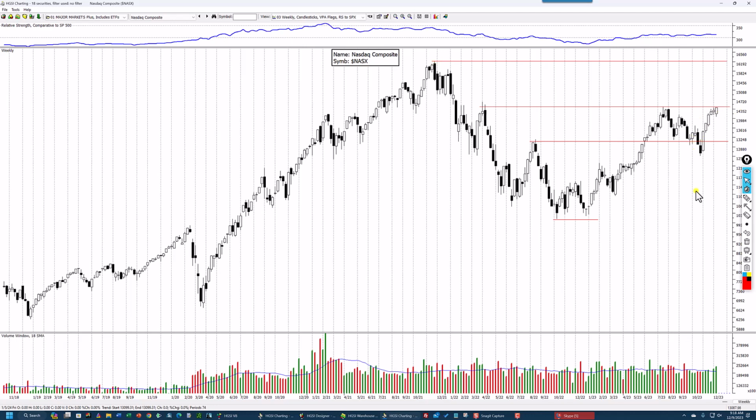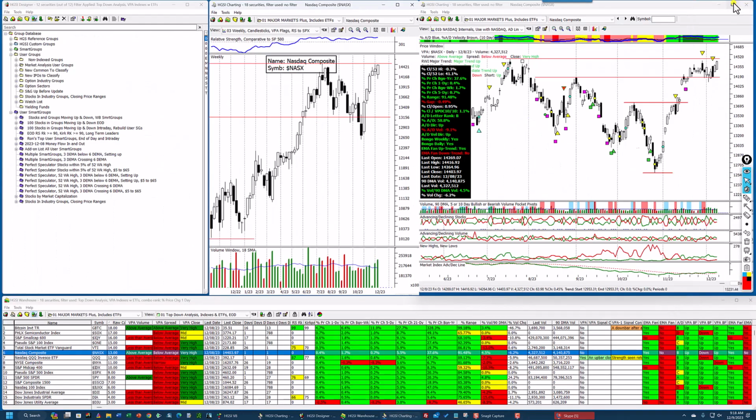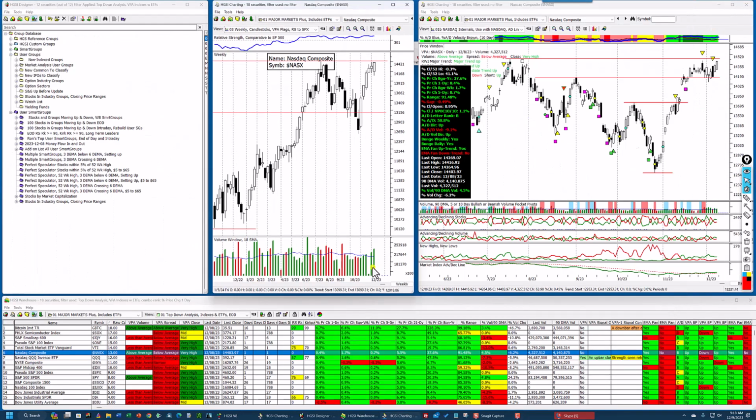You have to be careful about that. Looking down here at the volume, I'll minimize this. You can see that there's been good supportive volume the past 2 weeks above the 90 period simple moving average. This was Thanksgiving week. This is the last 2 weeks, and you can see that there's been strong buying.